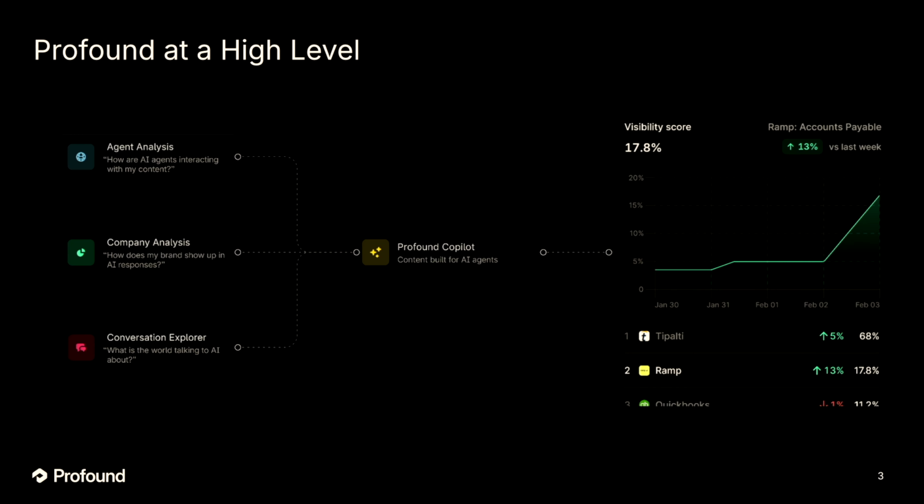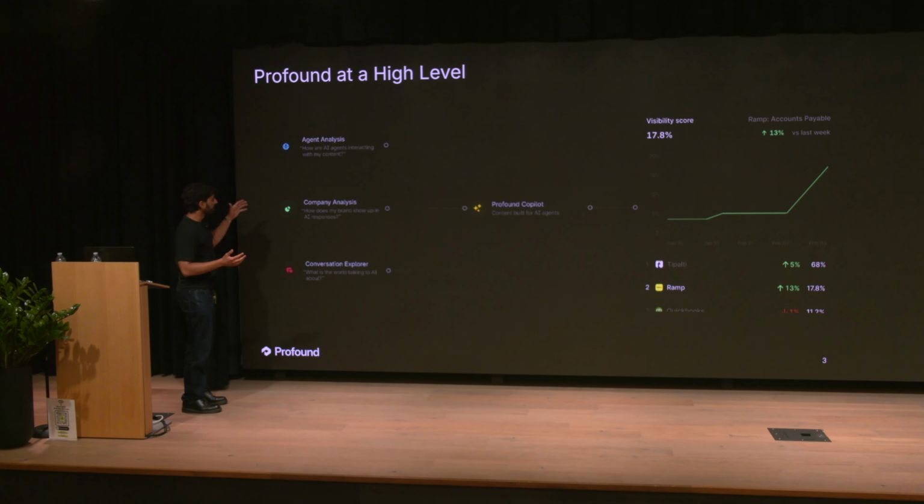Starting with the 3 main data collection pillars, one of the first questions that we aim to answer is, how are agents interacting with my web content? How are they scraping my blog posts or anything I post on the internet? How are they using that information to talk about my brand? Another thing that we try to answer is, how does my brand actually show up in these AI responses?